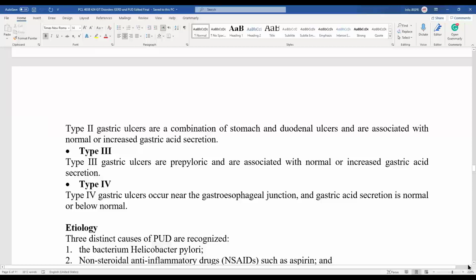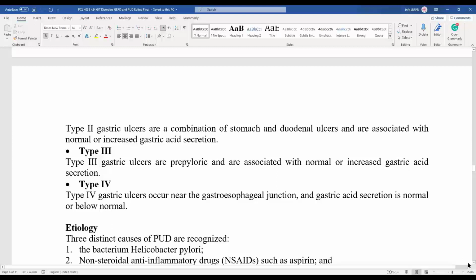With type 1, the gastric acid secretion is normal, but with type 2, it's normal or increased. And then type 3 are the pre-pyloric ulcers, but they are associated with normal or increased gastric acid secretion. While type 4 is near the gastroesophageal junction, and the gastric acid secretion is normal or below normal.